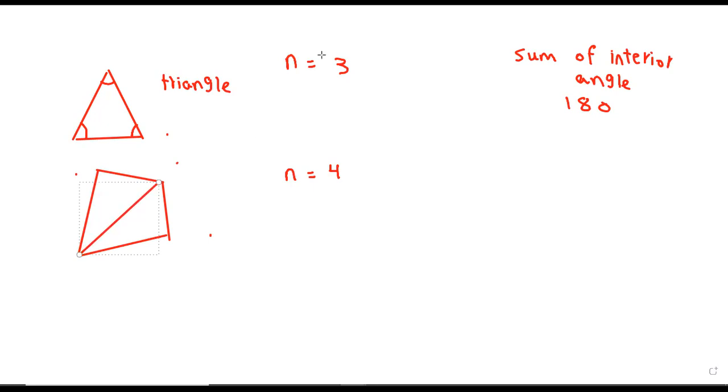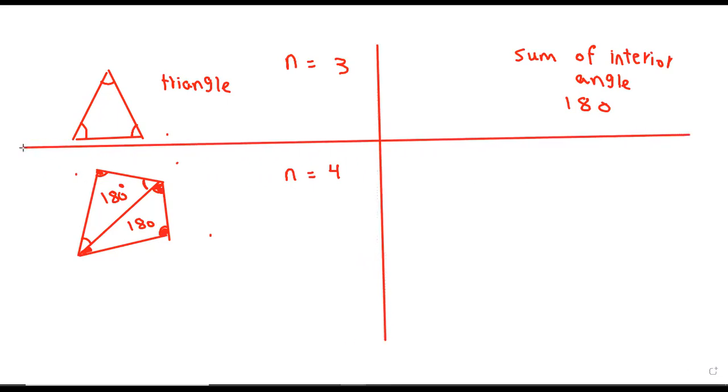And each triangle equals 180. I'm talking about the interior angles. So the interior angles of any triangle add up to 180. So we have 2 triangles, and both of them equal 180.